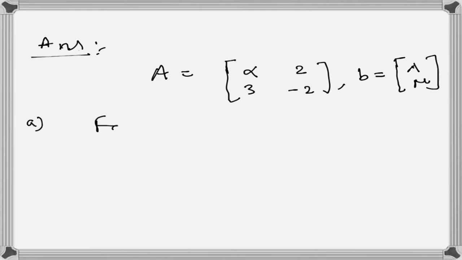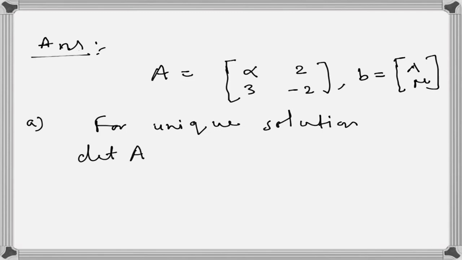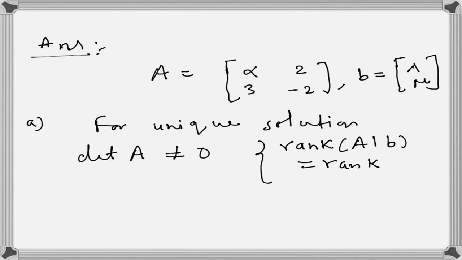So for unique solution, the condition is that determinant of A is not equal to 0, which is the same as the rank of A augmented B equals rank of A equals 2.